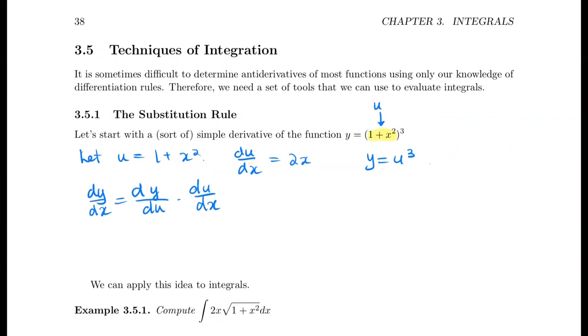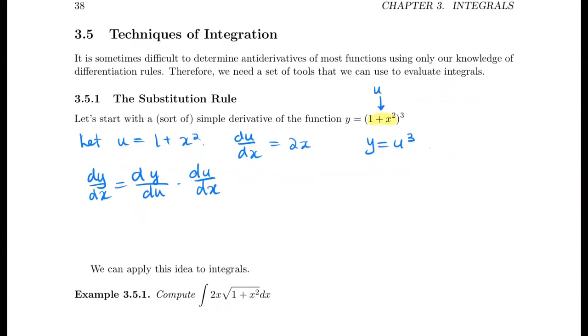Since dy over du here is just going to be 3u squared, because if we take the derivative on both sides, that's going to be 3u squared. So that means dy over dx is just going to be 3u squared multiplied by du over dx.